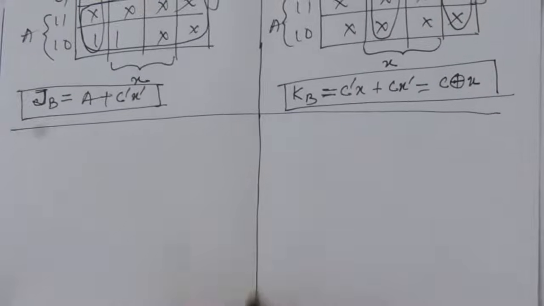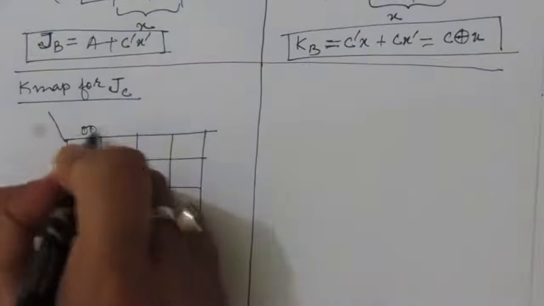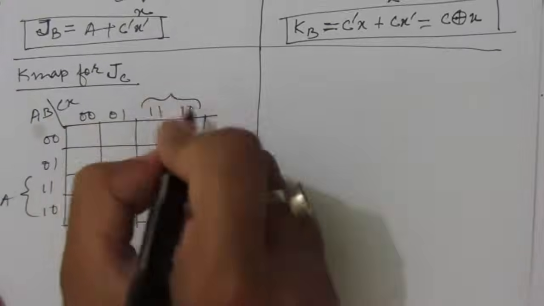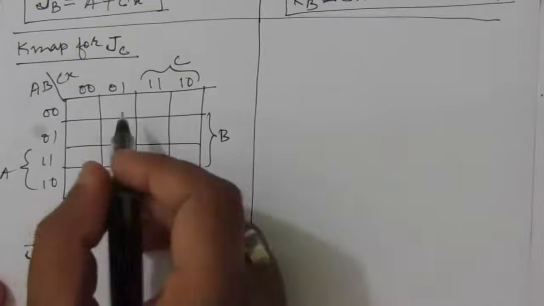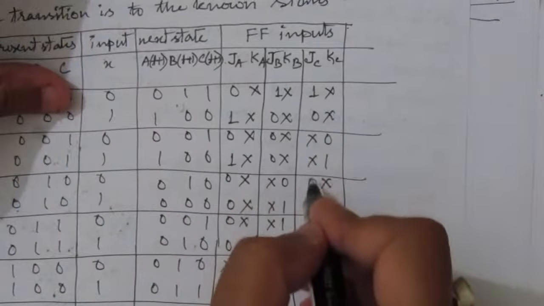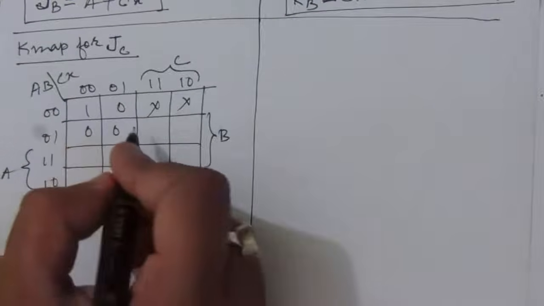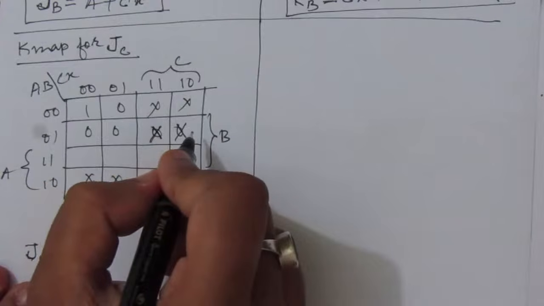Now let us find out the K-map for JC. So we have to put the JC values here in this K-map. So JC values are 1 0, don't care 0 0, 1 0, don't care 0 0. These are don't care conditions. Okay, don't care and 0 1.